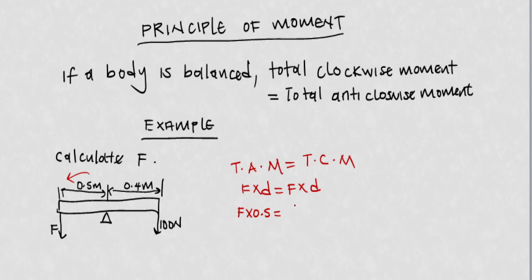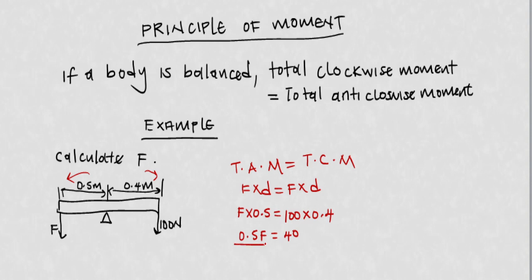Then what is the force on the clockwise part? On the clockwise part we have force, which is 100. Then we have distance, which is 0.4. So 0.5 times F, this becomes 0.5 F. Then 100 multiplied by 0.4, we get 40.